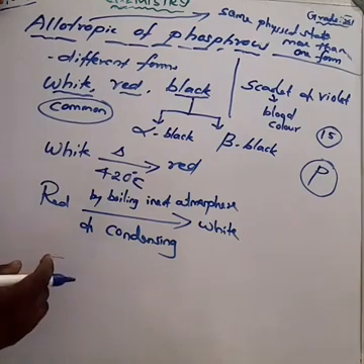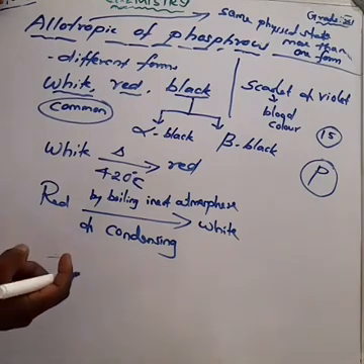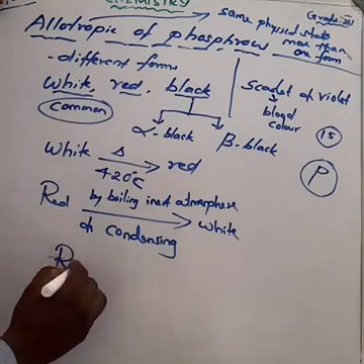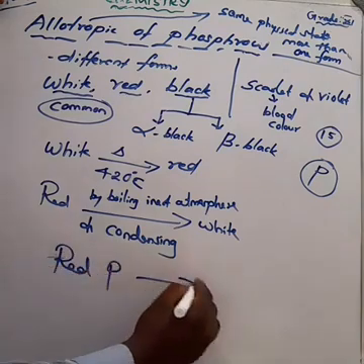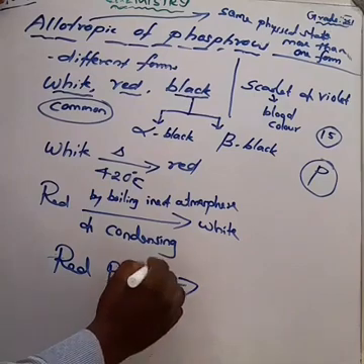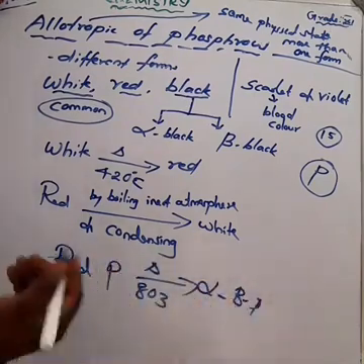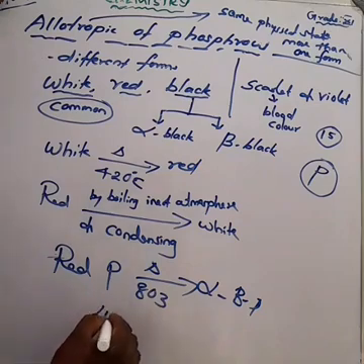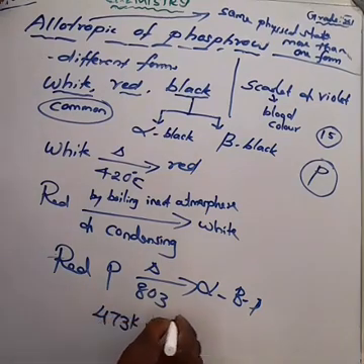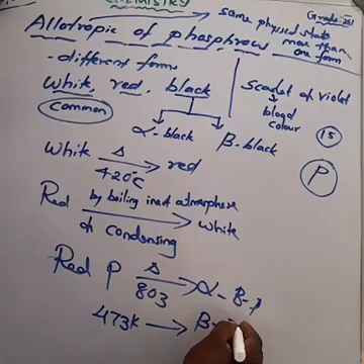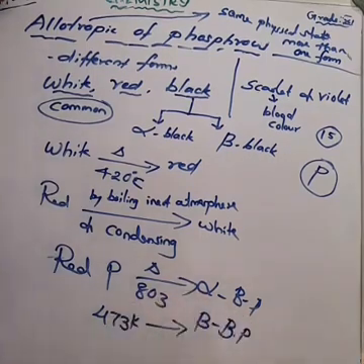Red phosphorus on heating at 803 Kelvin also gives alpha black phosphorus. And white phosphorus on heating at a higher temperature, 473 Kelvin, gives beta black phosphorus. These are the varieties. We can discuss them one by one.